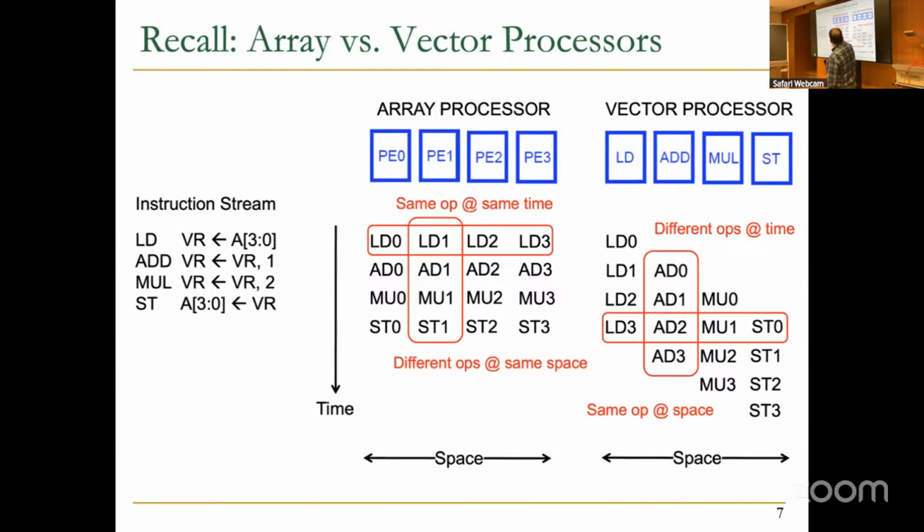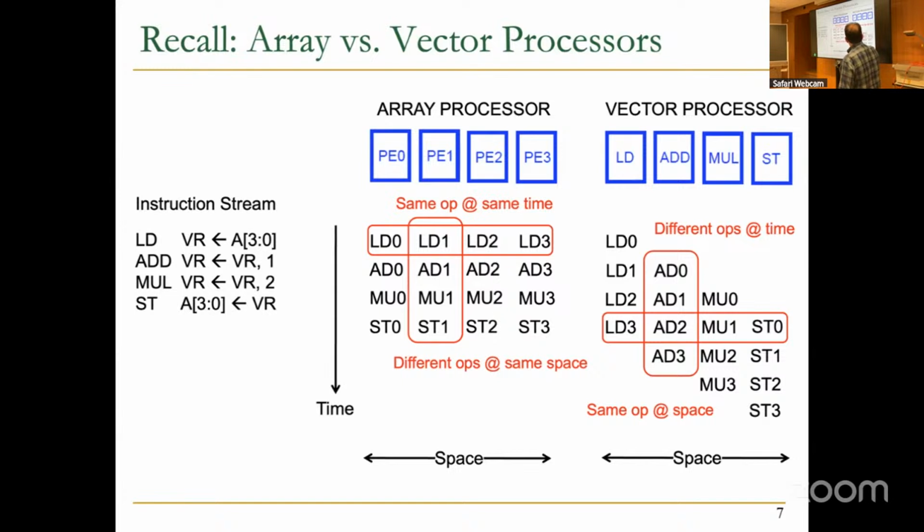And then on the next cycle, you can go to another instruction and so on and so forth. So you have the same operation at the same time. And you can also have different operations in the same space because your processing elements are powerful and they can do a lot of operations.